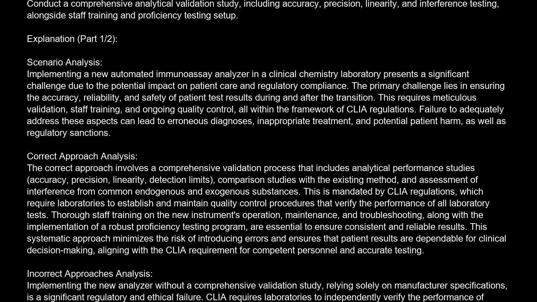Thorough staff training on the new instrument's operation, maintenance, and troubleshooting, along with the implementation of a robust proficiency testing program, are essential to ensure consistent and reliable results. This systematic approach minimizes the risk of introducing errors and ensures that patient results are dependable for clinical decision-making, aligning with the CLIA requirement for competent personnel and accurate testing.